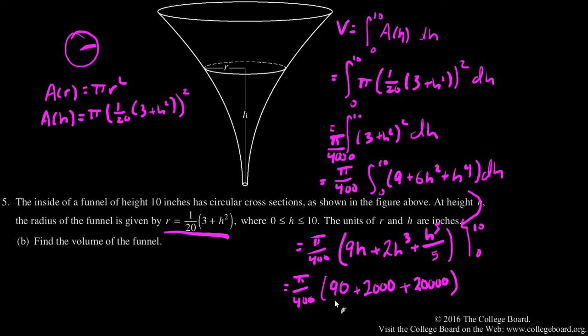And that gives me 22,090 times pi over 400, so I get 22,090 pi over 400. And let's see, we can take out a 10 and get 2,209 pi all over 40.